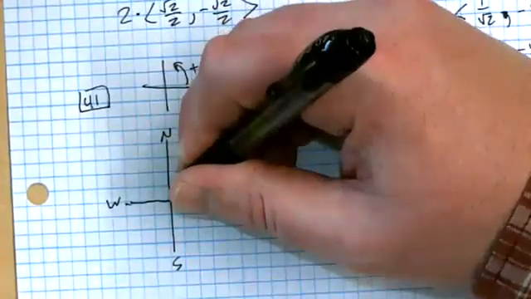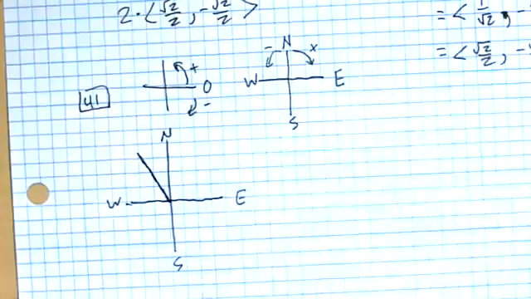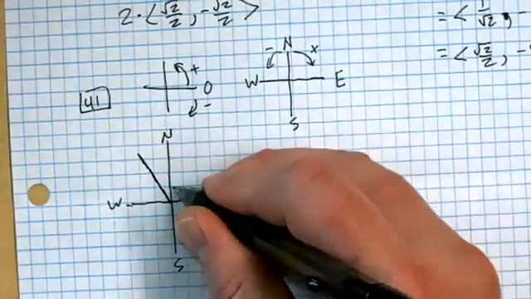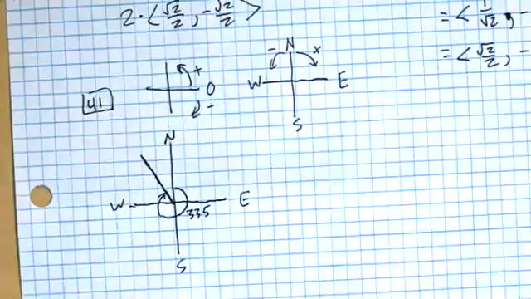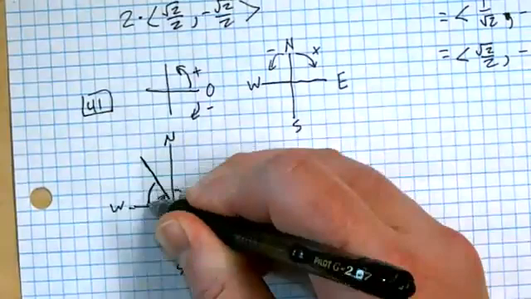How far from 360 is that? 335. Well, actually, it might be helpful to do this angle right here. What would this angle be right there?